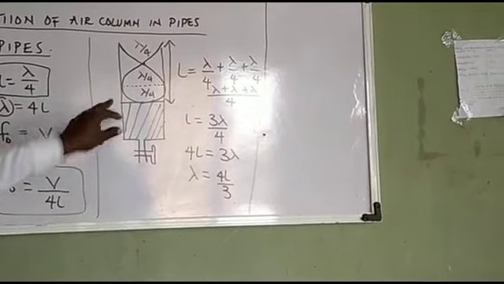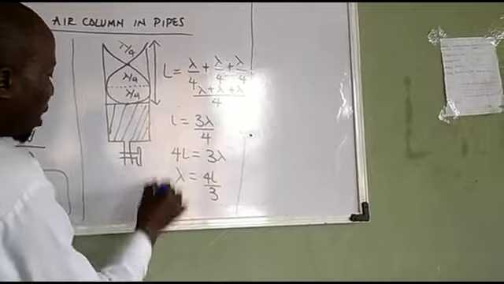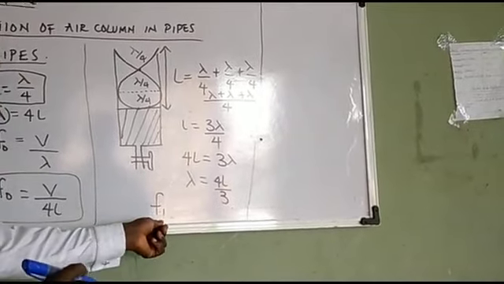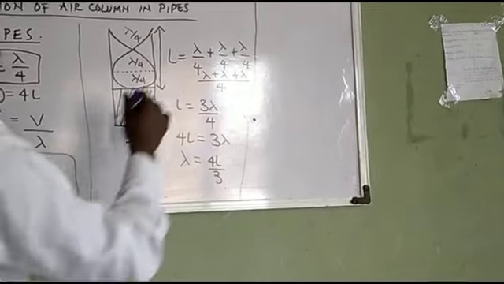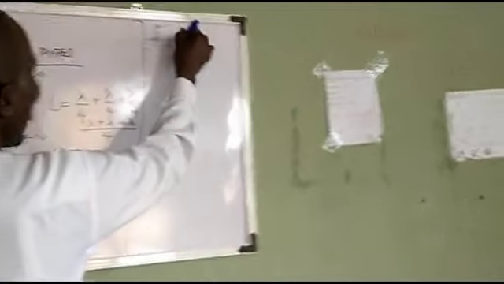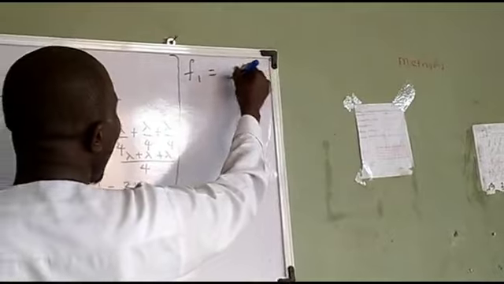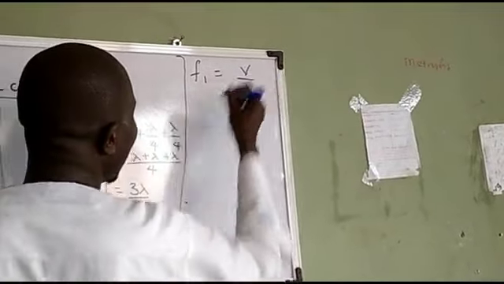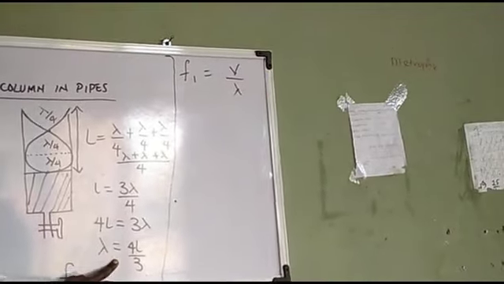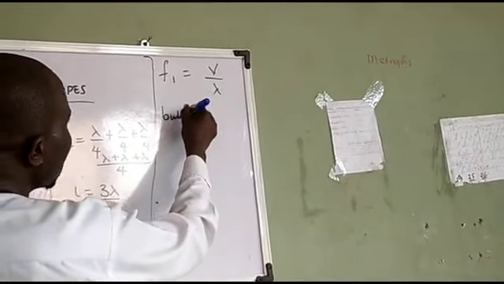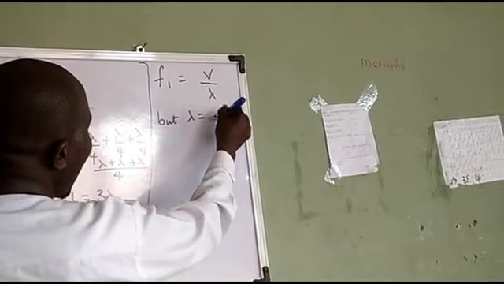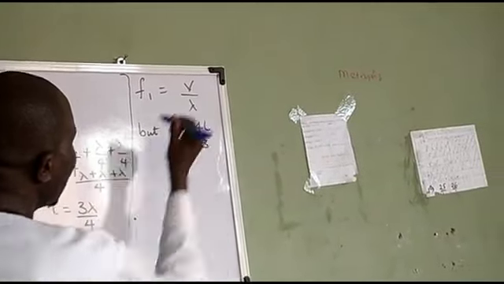let's bring the frequency here as F1. That is the frequency of the first overtone. I'm coming back to that. So our F1 equals V all over lambda. But what's the value of our lambda here? 4L over 3. So, lambda equals 4L all over 3.